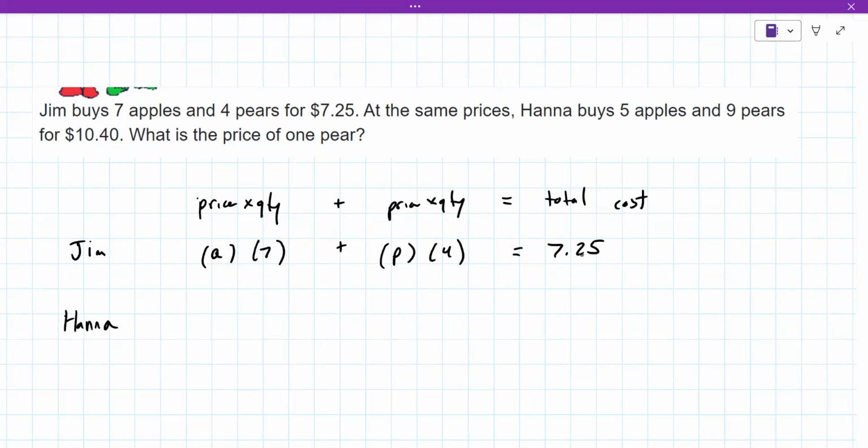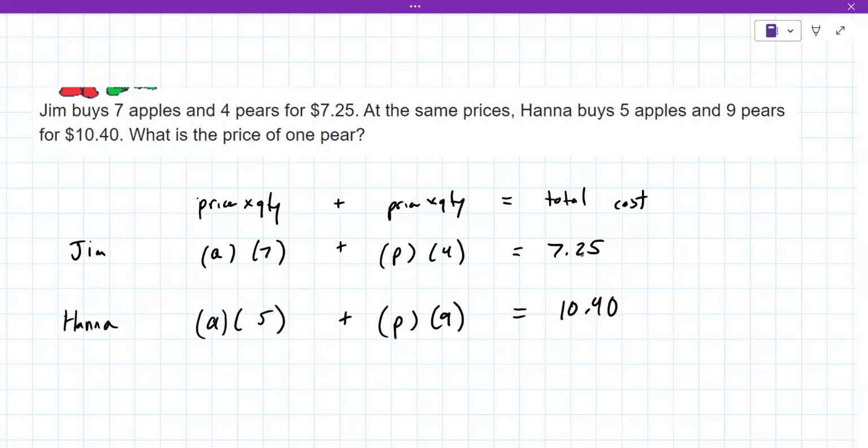So it would be A times 5 plus P times 9 equals 10.4.